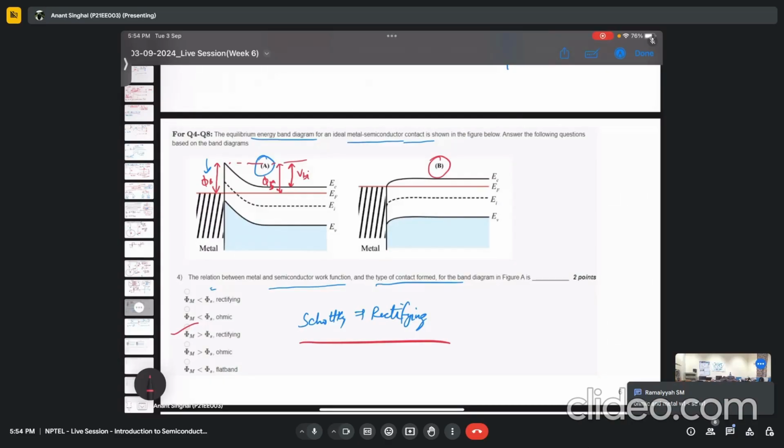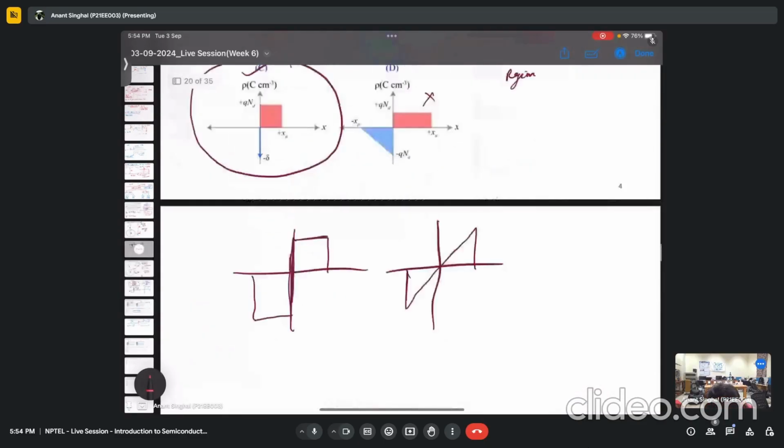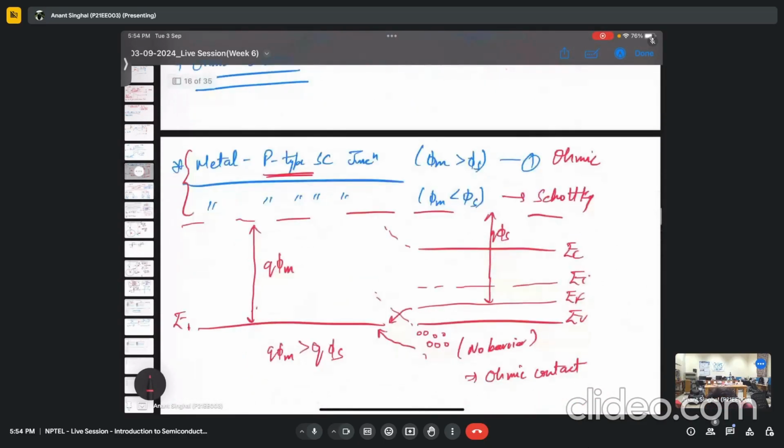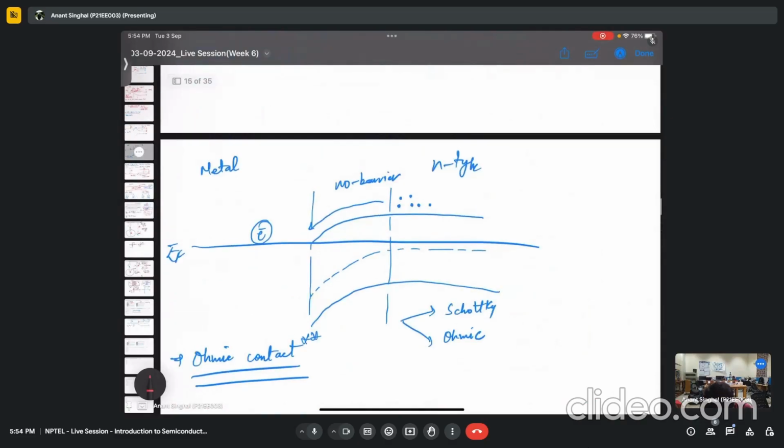So we have ohmic, and the metal work function will be less than the semiconductor work function. This is the exact case in which we took phi m less than phi s, and we had the band diagram where the band was lower. So we don't have any barrier.